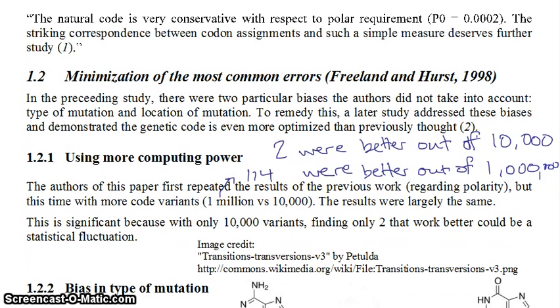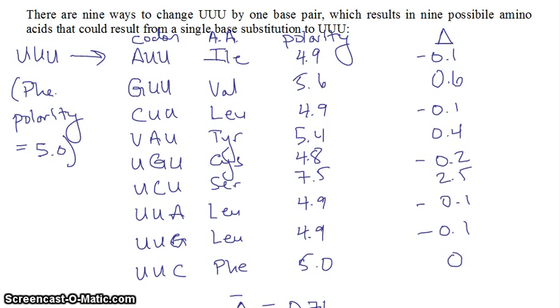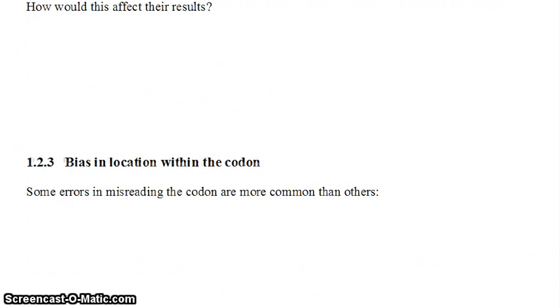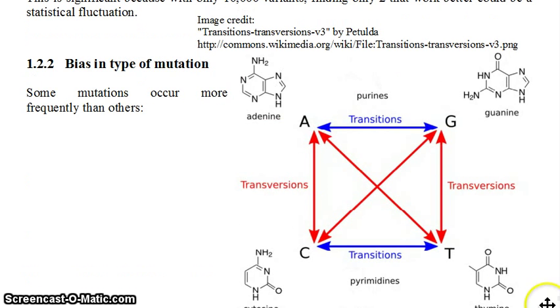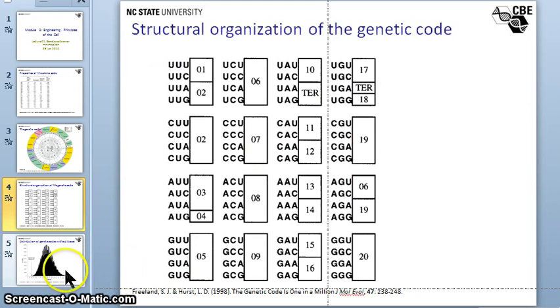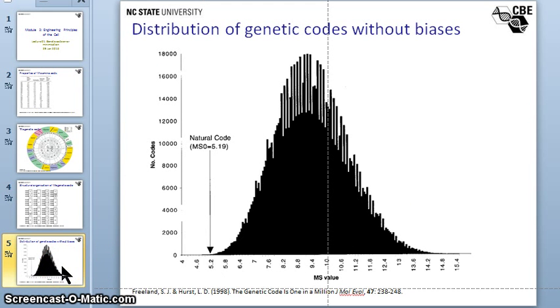Okay, so the next thing that they wanted to do was look at a bias in the type of mutation that you can find. Oh, before I go to that, you should see this plot right here.